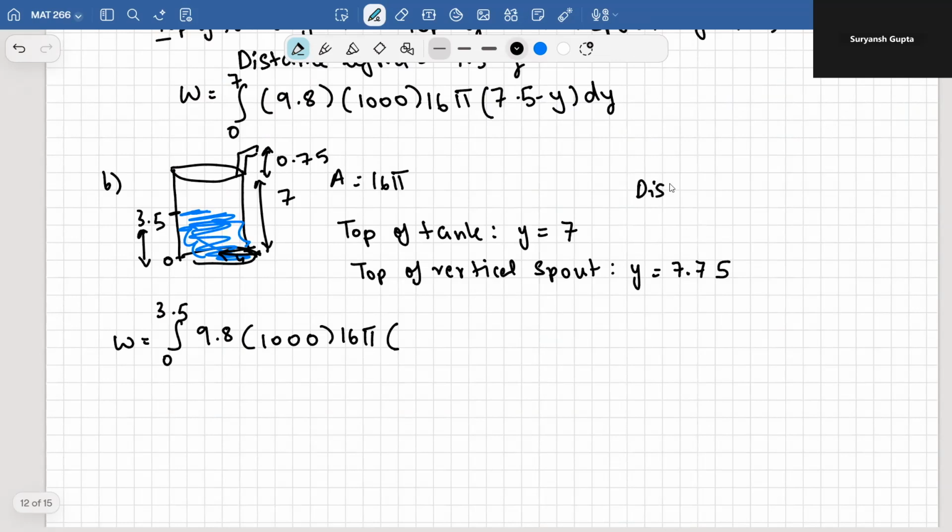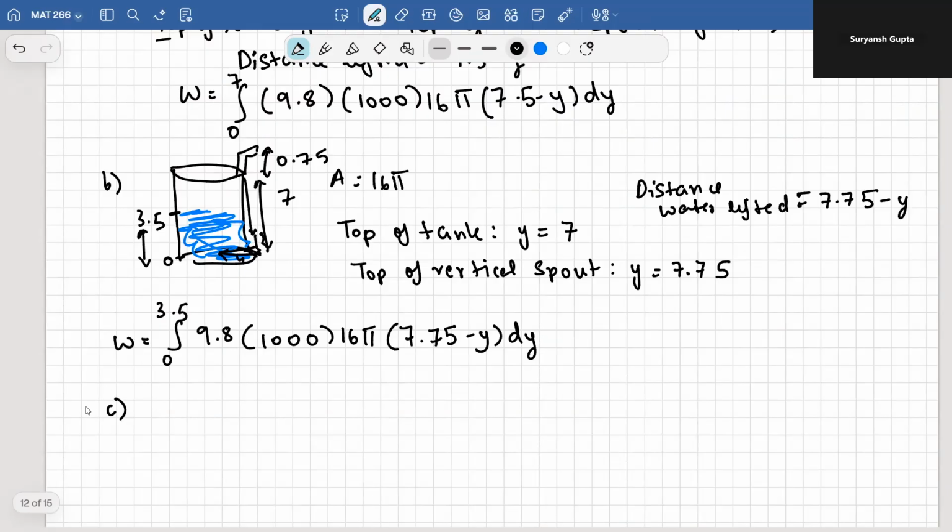The distance the water is lifted is equal to 7.75 minus y, because we are lifting it. If my water is here, it gets lifted from here, and this is y. So I just need to do 7.75 minus y to find the actual work done, times dy. And this was my part B. This is the final expression for part B to find the work done.